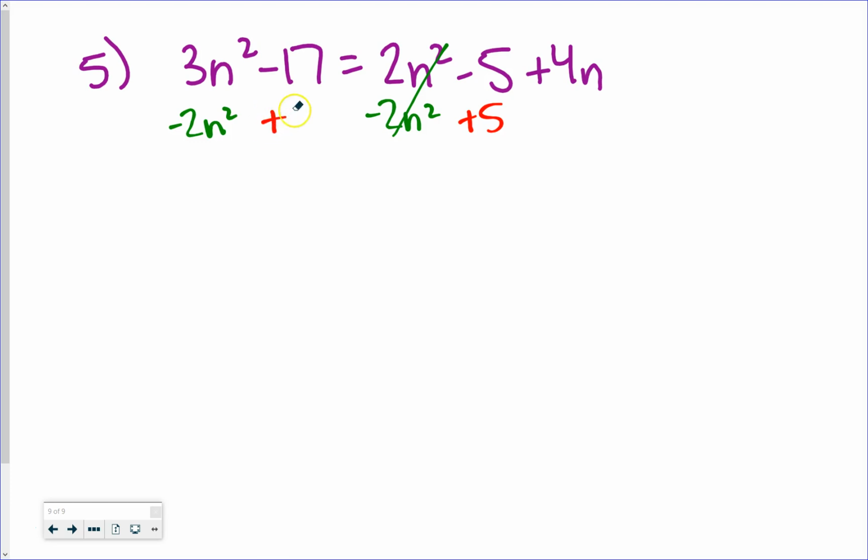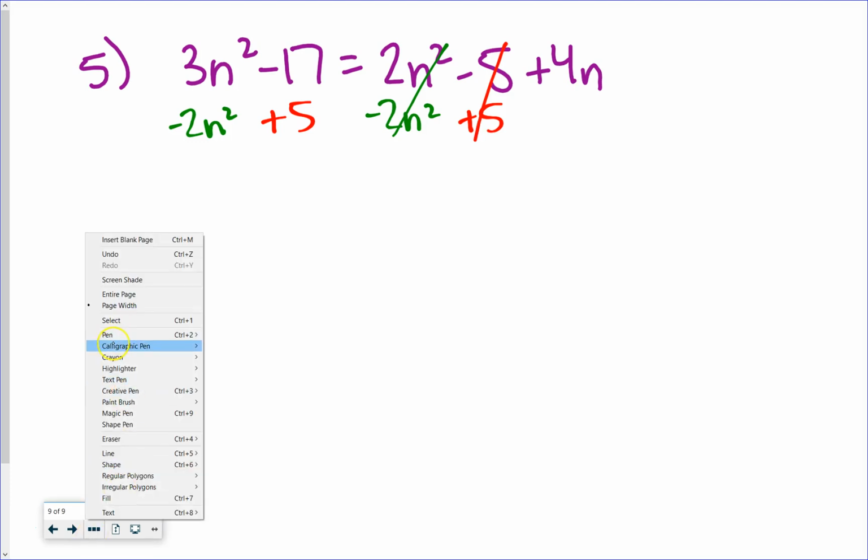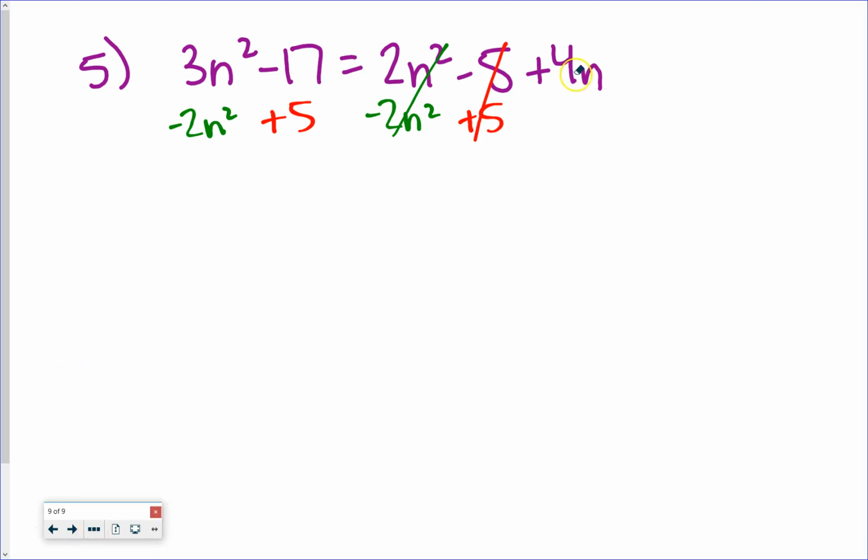That's going to get added to -17 because they're both constants. So those are my like terms. But this 4n, I have to move it over by subtracting it. It doesn't have a like term, correct? So it's just going to be over here. There's no n on that side. We're just moving it over.